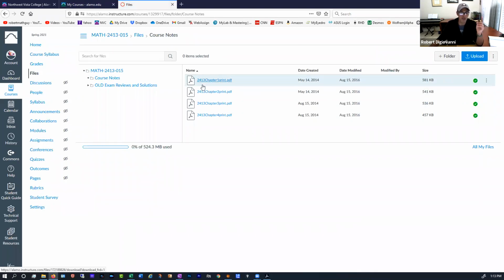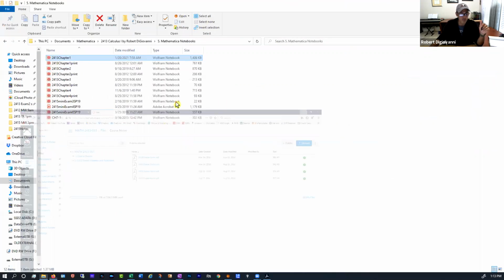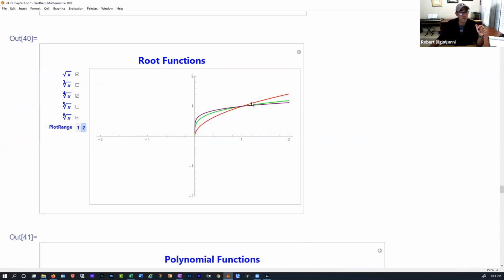But the thing is, if I put them in here, they're not PDF files. These files are called computable document format, which means you have to download a player from Wolfram's website. So I'll send that in an email, okay? For those of you who are interested in being able to open up my notes and do the same thing I'm doing.